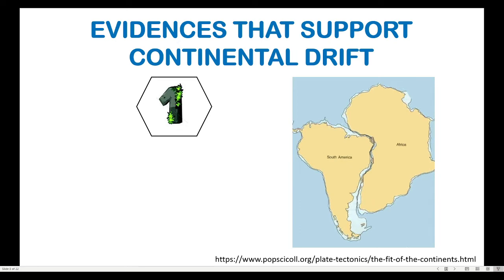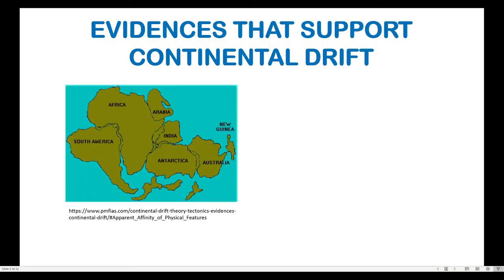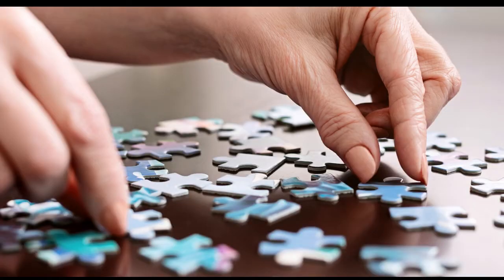For the first evidence, we have the apparent fit of the continents. According to this evidence, continents look like puzzle pieces, just like a jigsaw puzzle. You will already know that one piece is connected to another piece by just looking at the features.